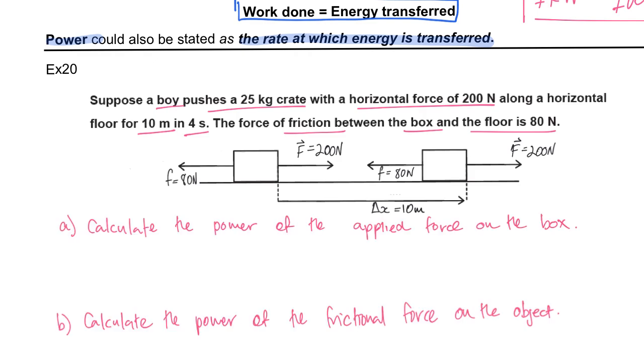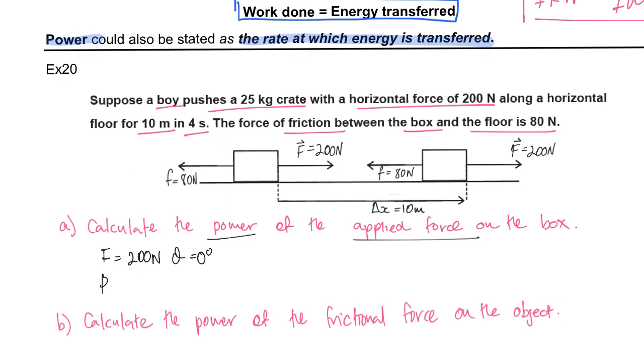Alright, so for this question, they could ask you 2 questions. I've highlighted them here or added them in. The first question they could ask you is to calculate the power of the applied force. So they want power and they want applied force. So my applied force, F is equal to 200 newtons at a theta value of 0 degrees.